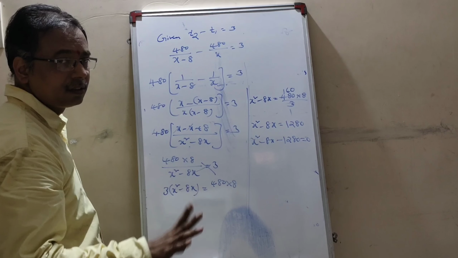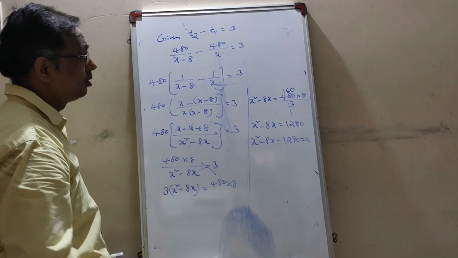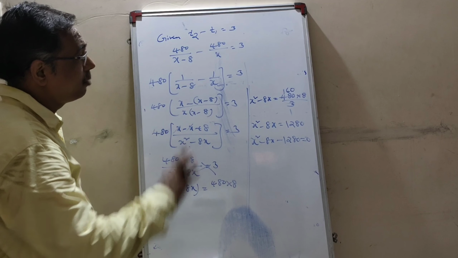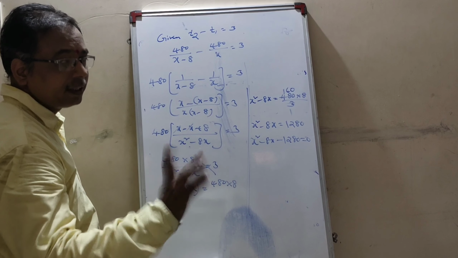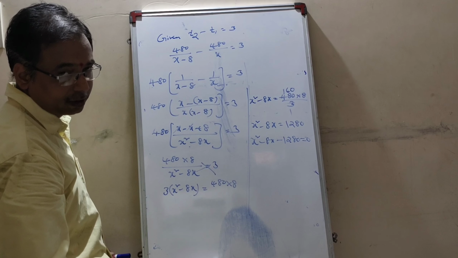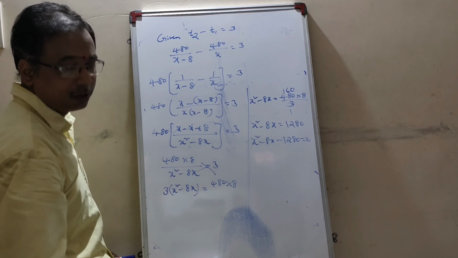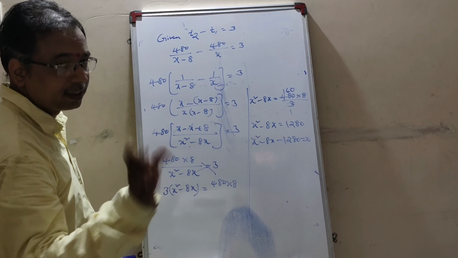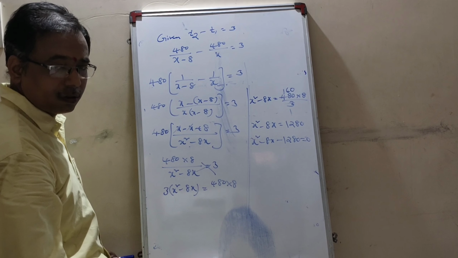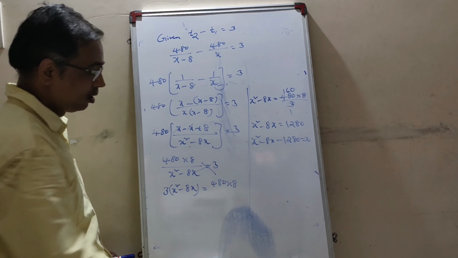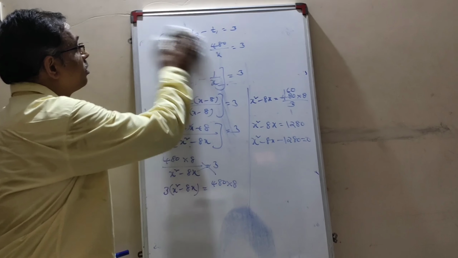The second is completing the square, the perfect square method. And the last is the graphical method. Actually, graphical methods are under 4 marks. But now let us discuss the factorization method and the quadratic formula method.